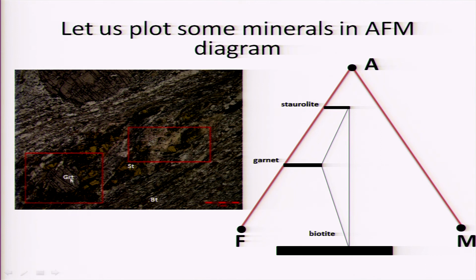So, we find garnet, staurolite and biotite together, then that will be represented by a triangular space here, and this thin section is well represented by such a triangular space. It tells us that quartz and muscovite, because this is an open-ended one, are also present in the assemblage.